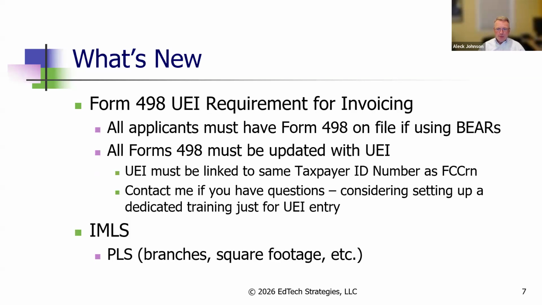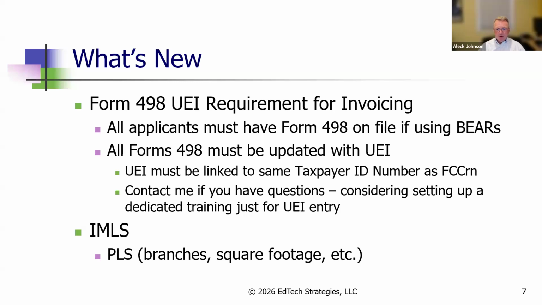Another big change that's coming, and this one is important for this upcoming funding year, is that they are putting into place a requirement on the Form 498, which you may recall is a form that you've probably only filled out once, and it's where you included your banking information so that the USAC can make payments to you.